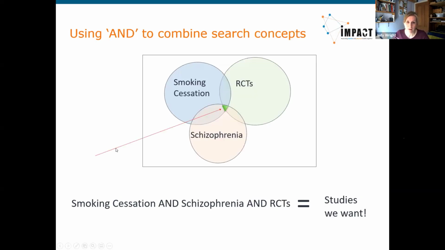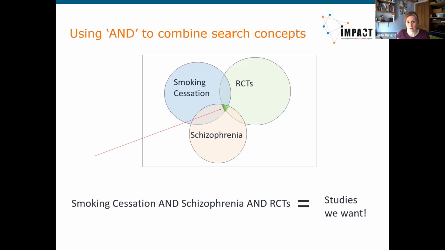And our next option is to use the AND combination, and we'll be doing this in our search at the very end after we have done 3 separate searches on our individual topics, and then we want to combine those searches in the database and say to the database that we only want the records which have got a smoking term in and a trials term in and a schizophrenia term in, all within the same record.